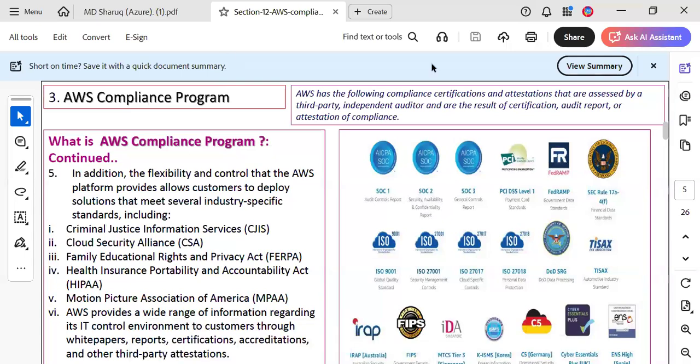Fifth point is, in addition, the flexibility and control that the AWS platform provides allows customers to deploy solutions that meet several industry-specific standards, including Criminal Justice Information Services, CJIS, then Cloud Security Alliance, CSA, Family Educational Rights and Privacy Act, yes, Health Insurance Portability and Accountability Act, HIPAA.